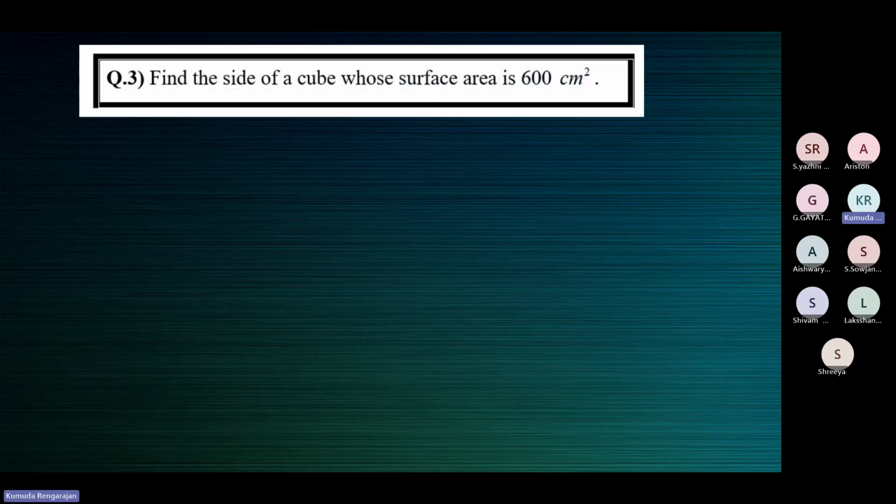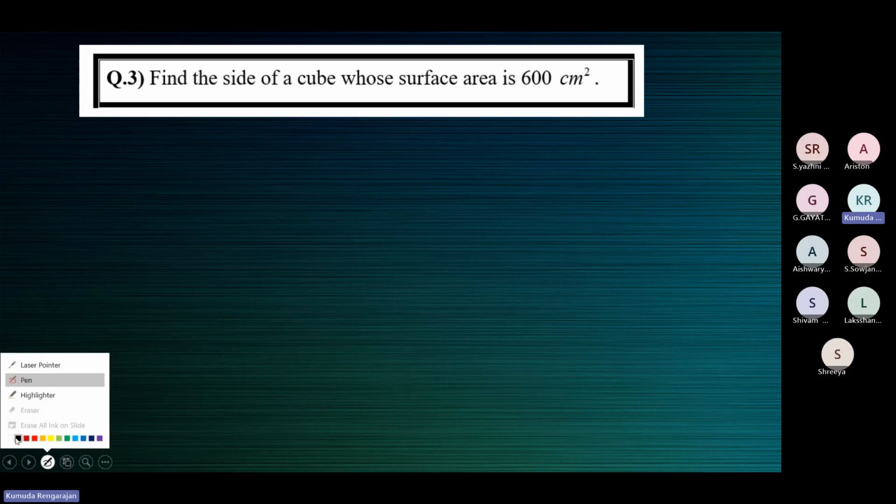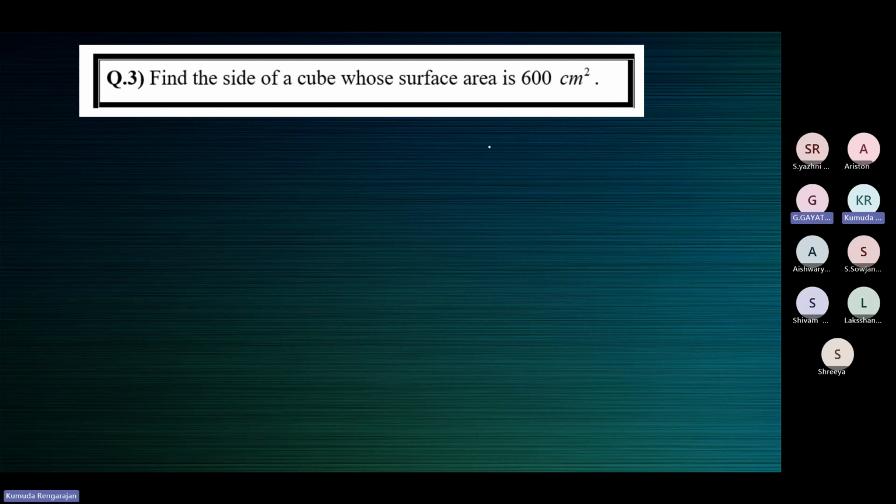Find the side of a cube whose surface area is 600 centimeters squared. See, what we have understood is to write out whatever is given first. Surface area is given, and it's not mentioned if it is total surface area or curved surface area.